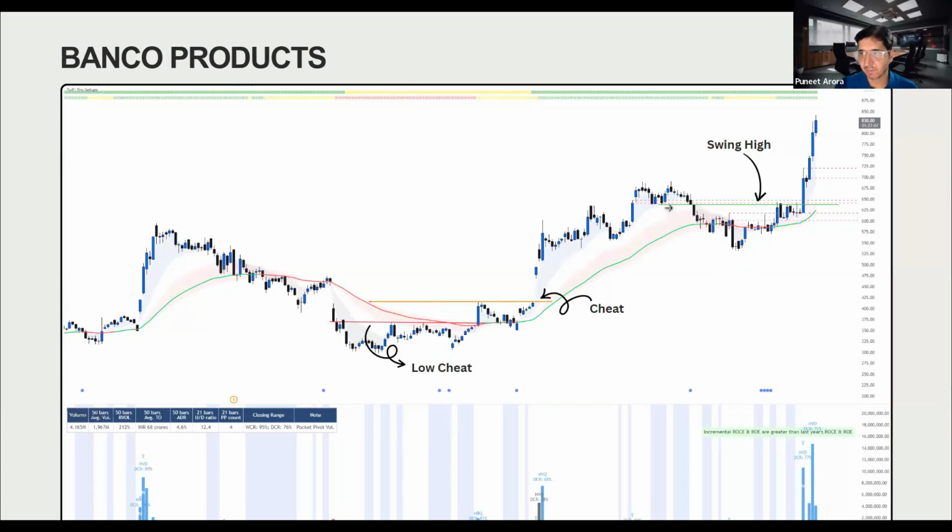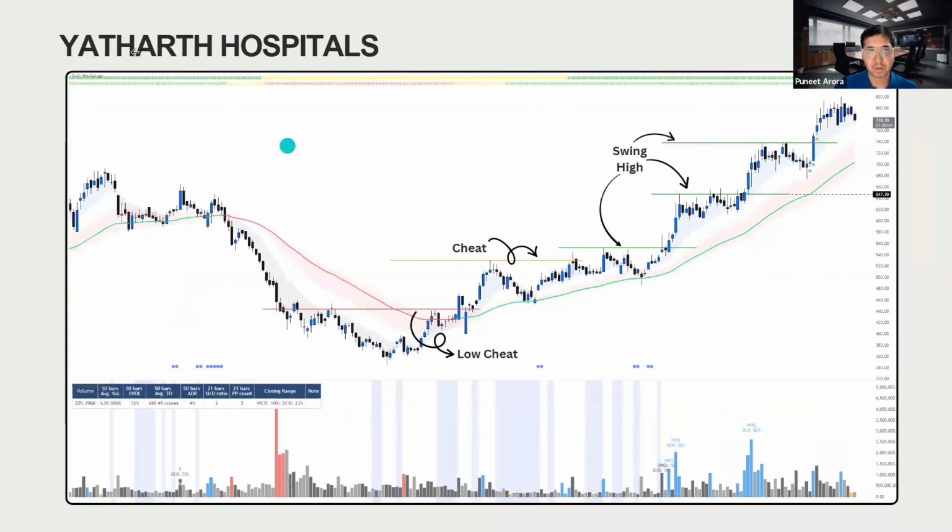This is a recent example of Banco Products, which broke out from its swing highs and made a move. Yatharth Hospitals showed low cheat over here, cheat, then swing highs at these areas. In our Pro Setups indicator for TradingView, whenever a new low cheat or swing high appears, the previous one is erased so as to not clutter the chart.